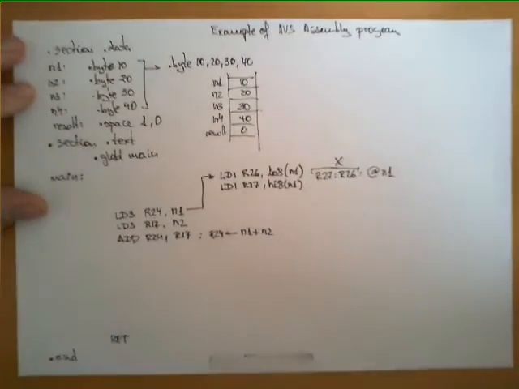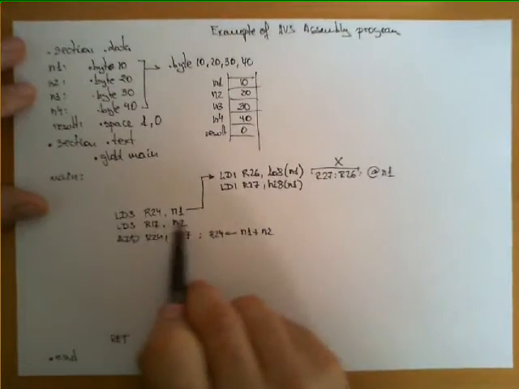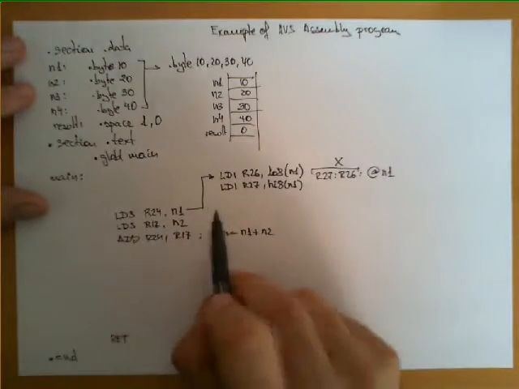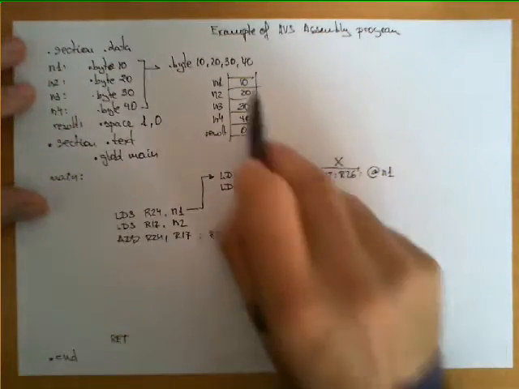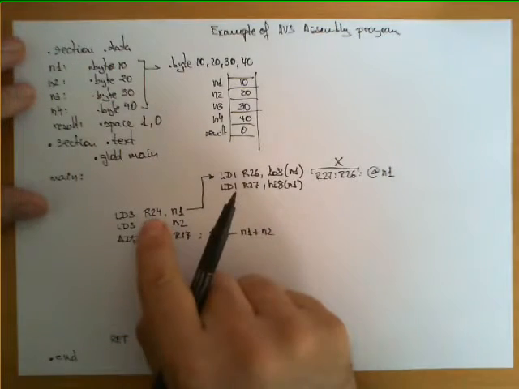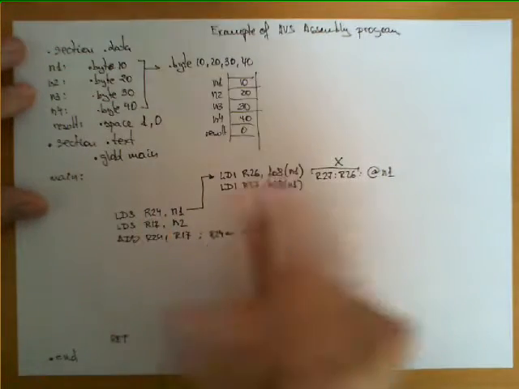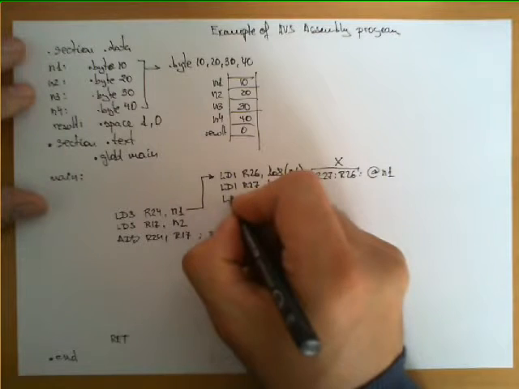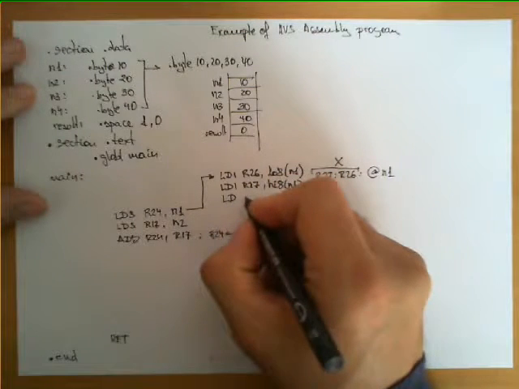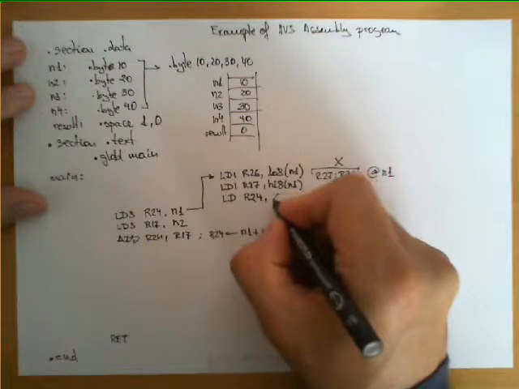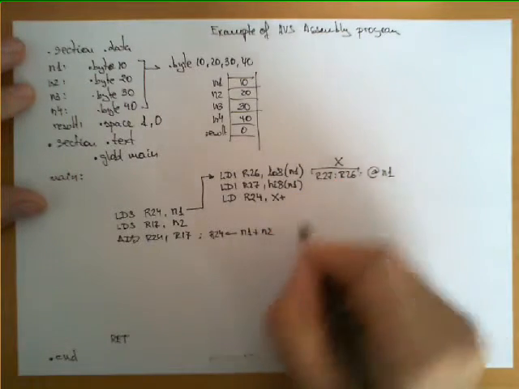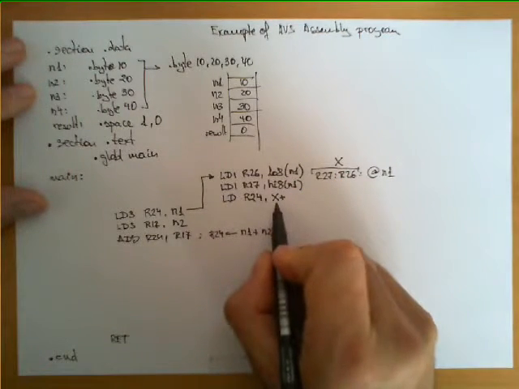Now what am I going to do with this? Well, I want to achieve exactly the same as this instruction, which means I need to bring from memory, having the address in register X, the number 10 and load it into register R24. The way to do that is with instruction LD, I bring it to R24, and then, this is the important part, I can use this syntax, X plus.